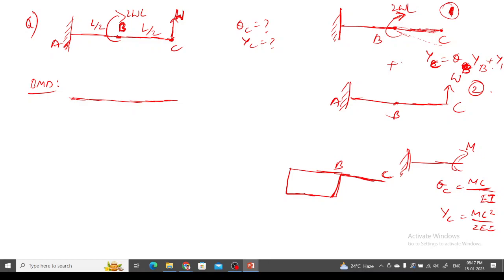Only where the moment is zero can you use this formula, because there the deflection curve is a straight line.